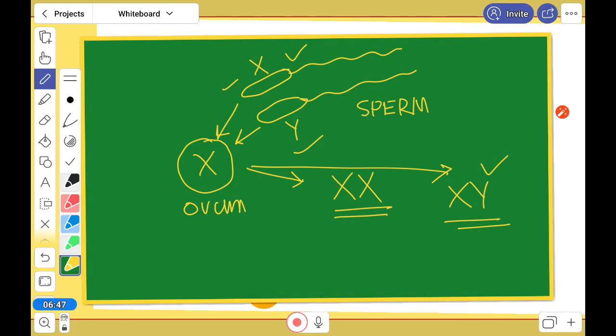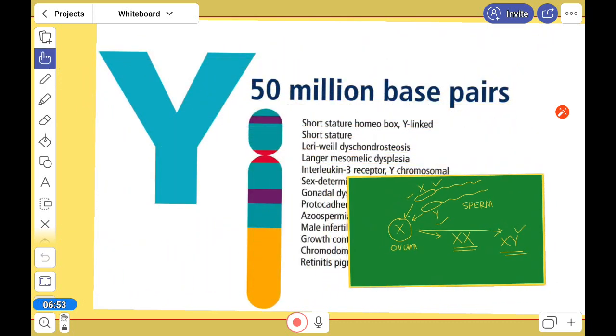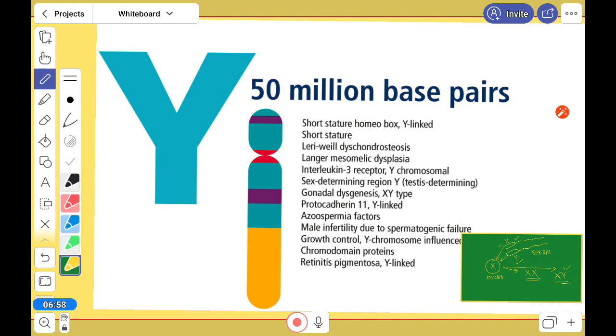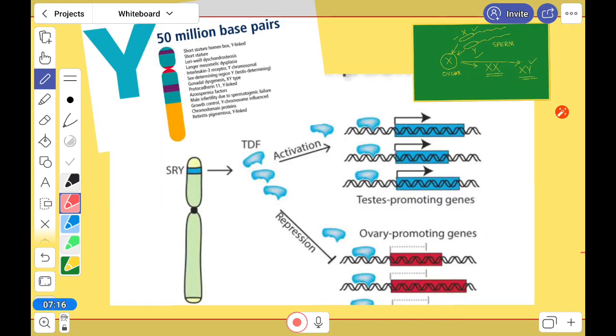Now next, if we see the Y chromosome, there is a sex determining region in this area. It is the testis determining part. The Y chromosome contains the SRY gene.